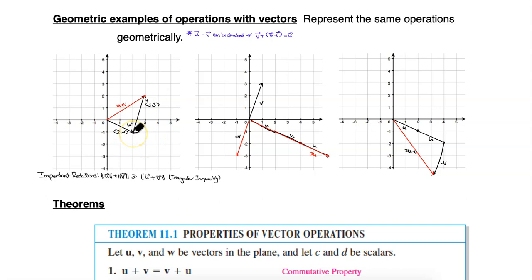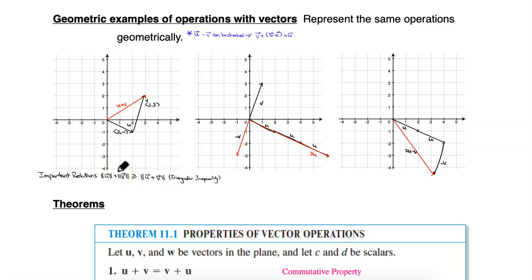If we go somewhere else and come back, it's always going to be longer than to take the shortcut u plus v. The only time when these two sides would be equal is if u and v are parallel and going in the same direction. Then we would have norm of u plus v equals norm of u plus norm of v.